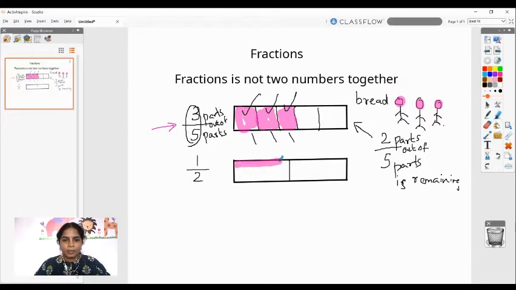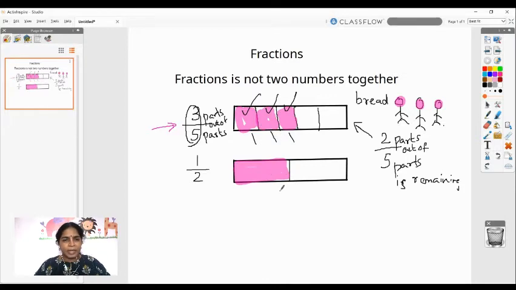In the one whole bread, I made 2 parts and I am selecting, or eating, or giving away only one part. That is the meaning of this.